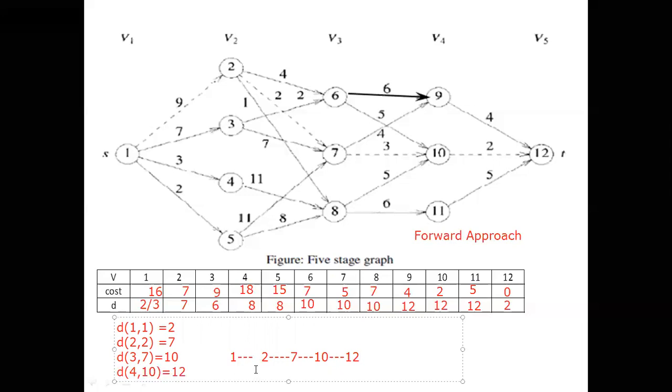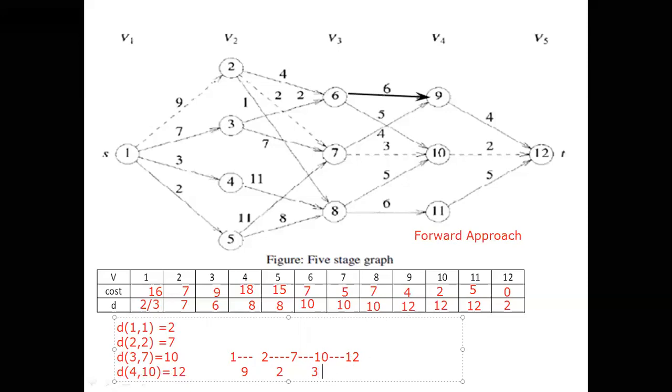What is the 1 to 2 value? What is the path? 1 to 2, the path length is 9. That 9 plus, what is the 2 to 7 path length? It is 2. What is the 7 to 10 path length? It is 3.